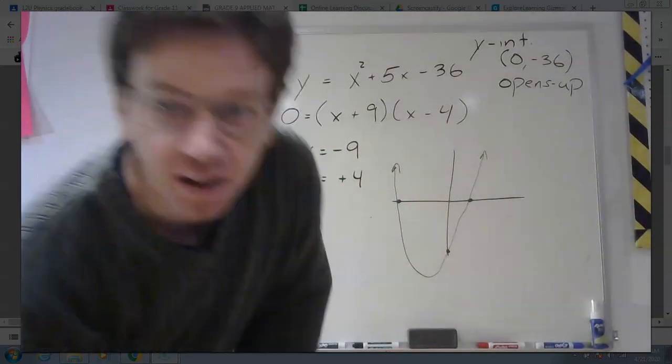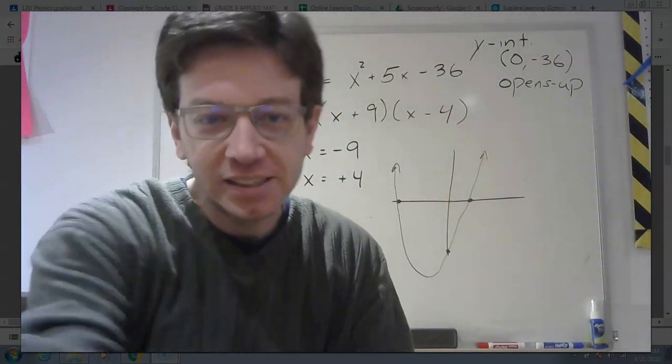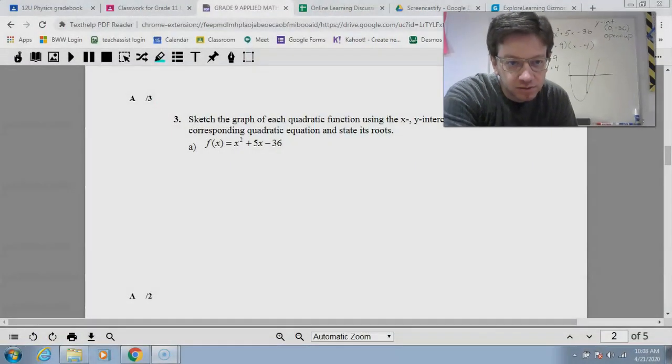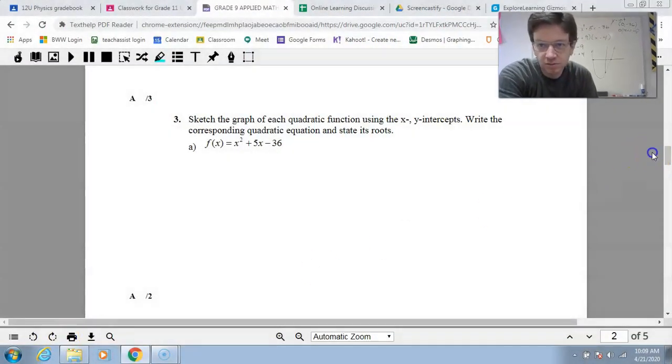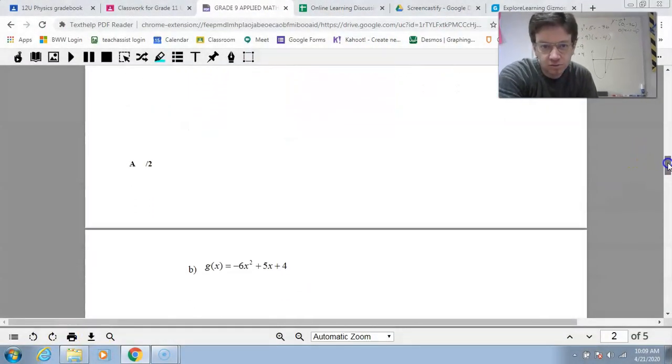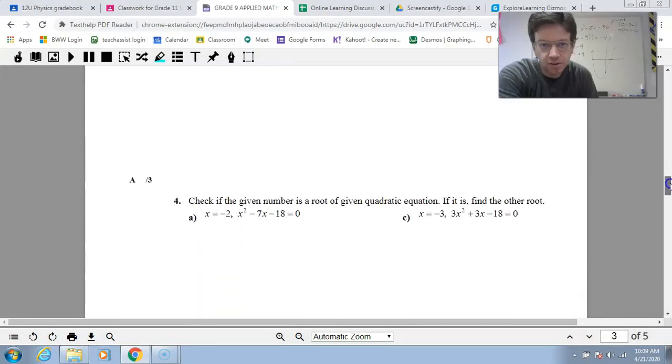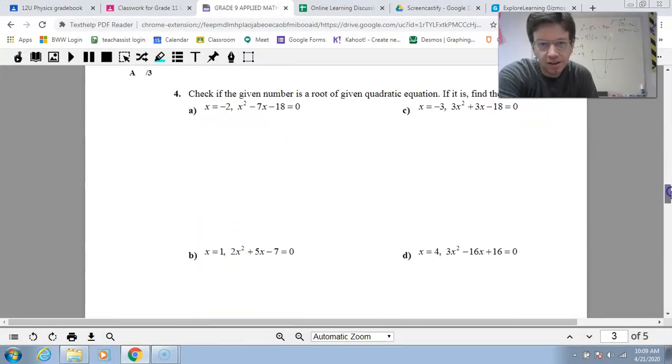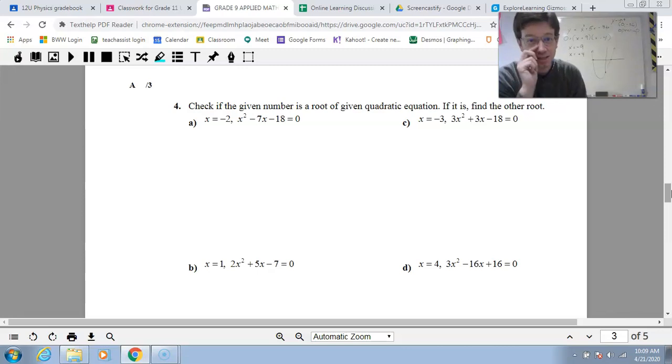Okay, let's look at one or two more questions. All right, question 4 says, check if the given number is a root of the given quadratic equation. If it is, find the other root.